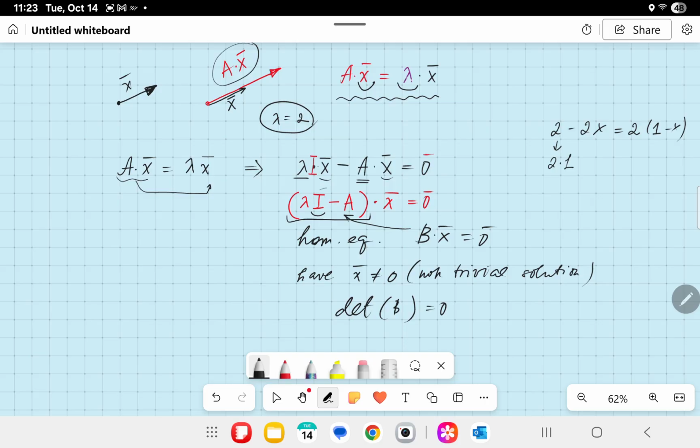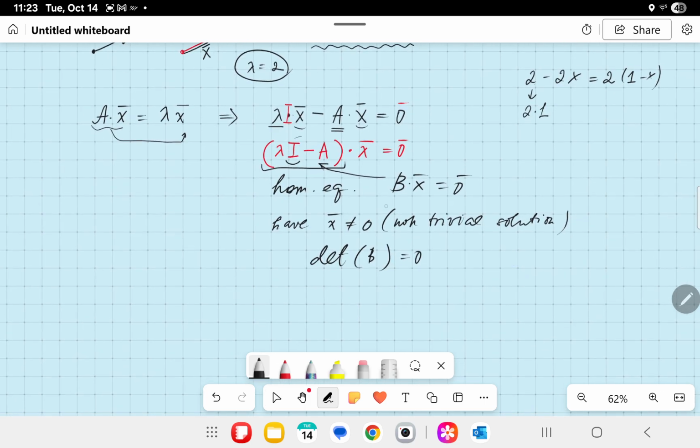Well, you probably remember why this happens. If the determinant is not equal to 0, all rows of matrix B or all columns of matrix B are linearly independent. And if they are linearly independent, then there is only the trivial solution for the linear combination, and the solution is going to be this axis. But if they are linearly dependent, we are going to find a non-trivial solution.